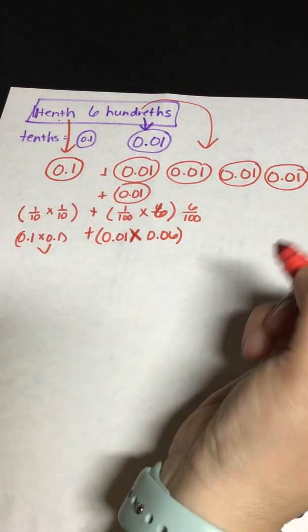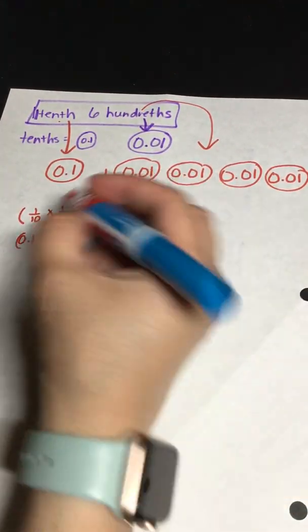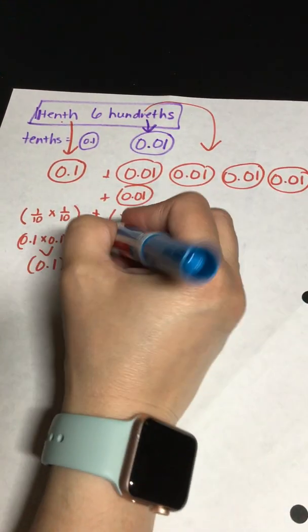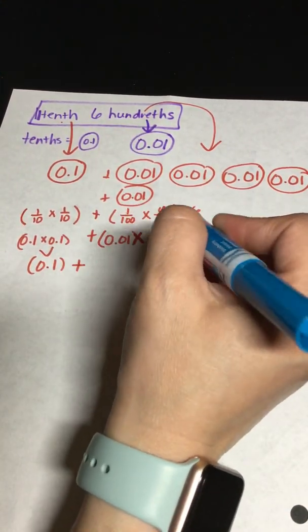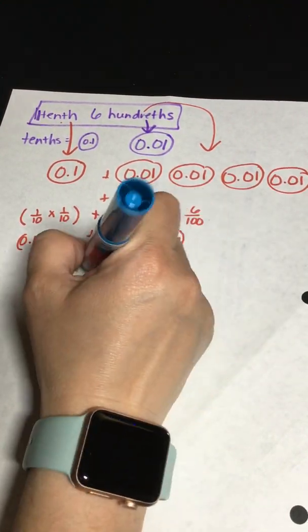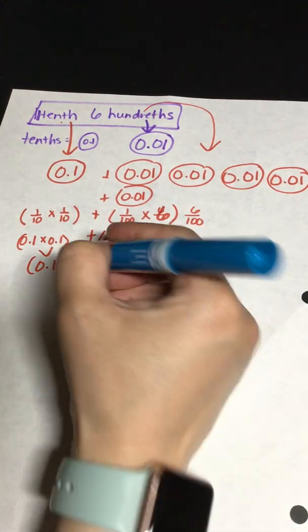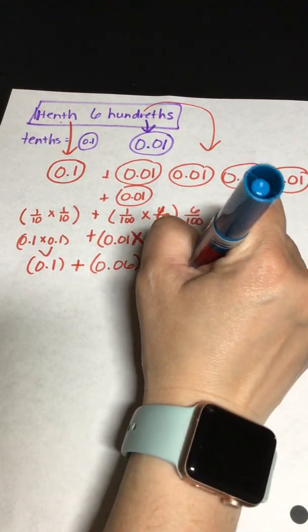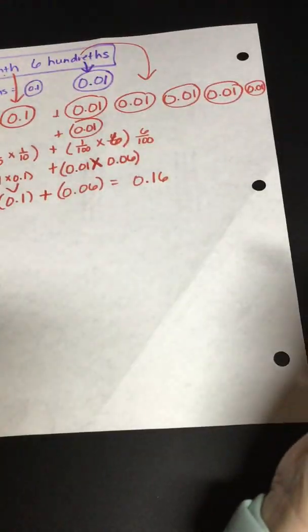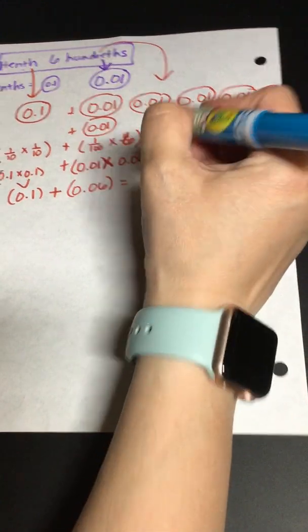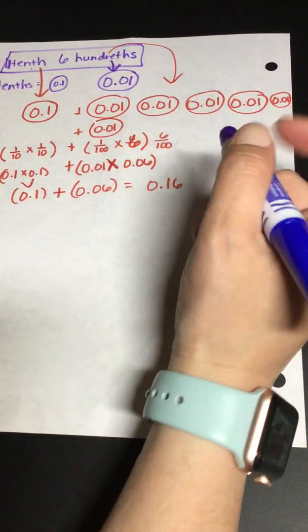Then I break it down: 0.1 plus 0.06. And if I add those together, they add up to be 0.16, or 16 hundredths.